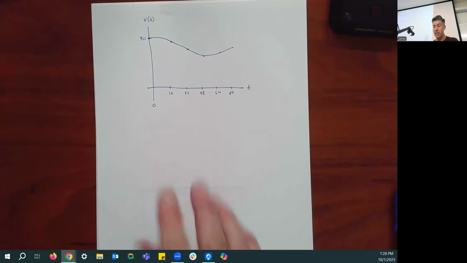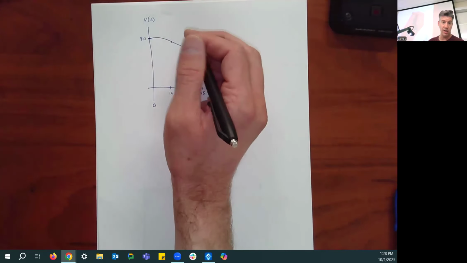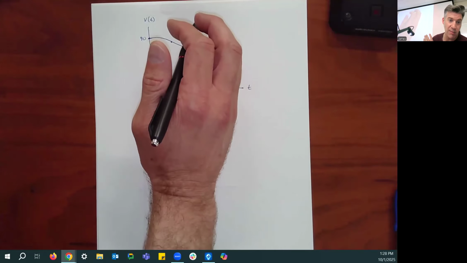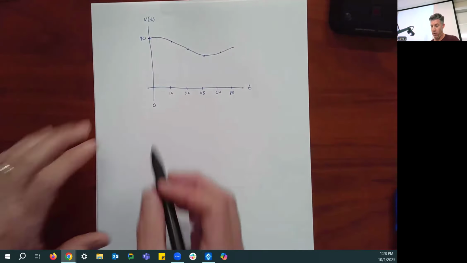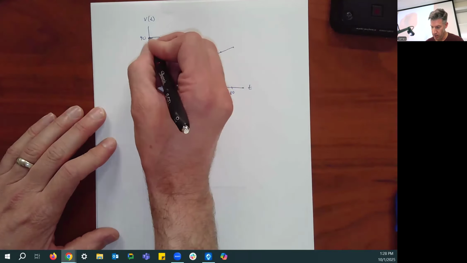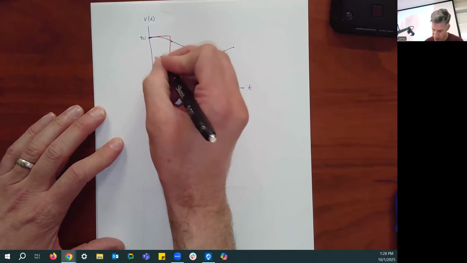But to estimate how far the motorcycle has traveled, we're going to use the values at the beginnings of each time interval. For this first time interval from 0 to 16, we're using this value of 90. So we're getting this area, 16 times 90.